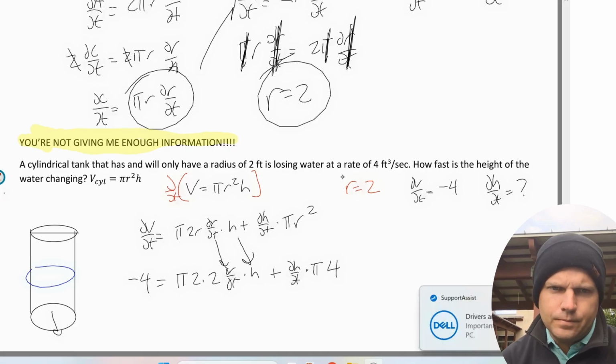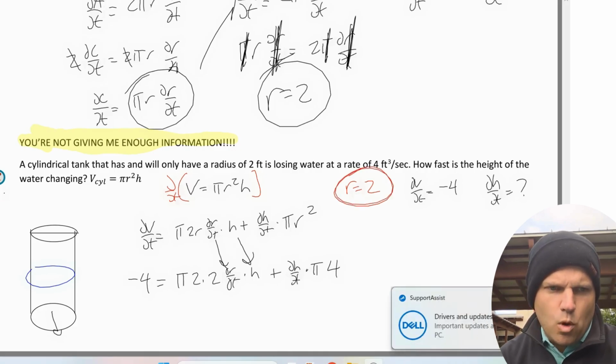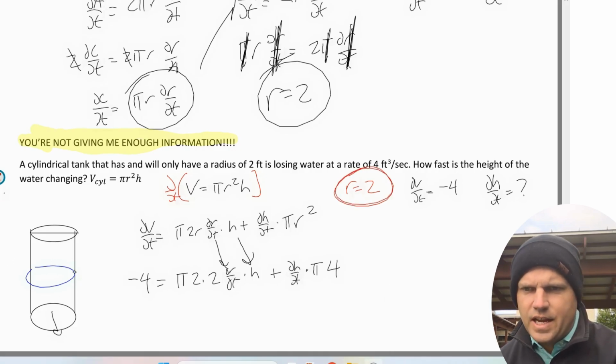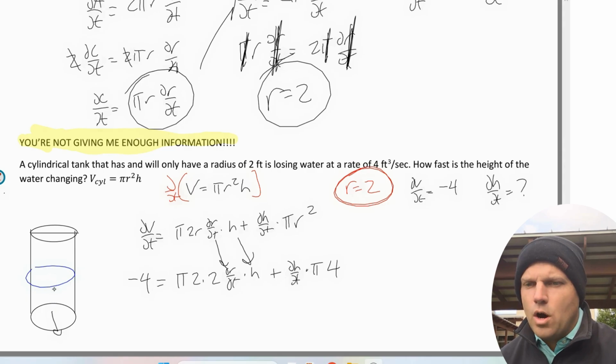Why? Think about the water in this tank. Yes, it's got a radius and it's got a height. Well, as the water starts to drip out, what is changing? Just the height. What's not changing? The radius. The radius of the water is always 2.